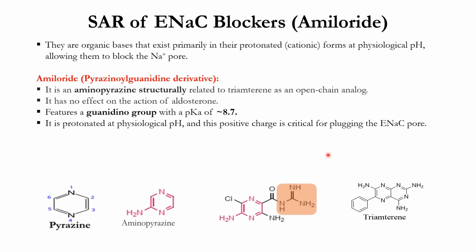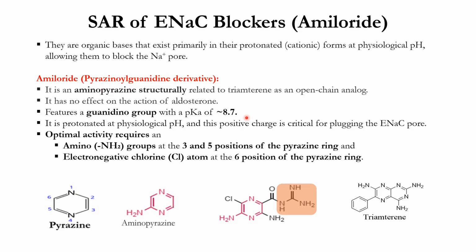But in the case of amiloride, it is not a fused ring system, whereas this one is a fused ring system, and it can also include the guanidine moiety. Both of them do not have an effect on the action of aldosterone. The guanidine group is very important for bringing the basic characteristics with a pKa of 8.7.